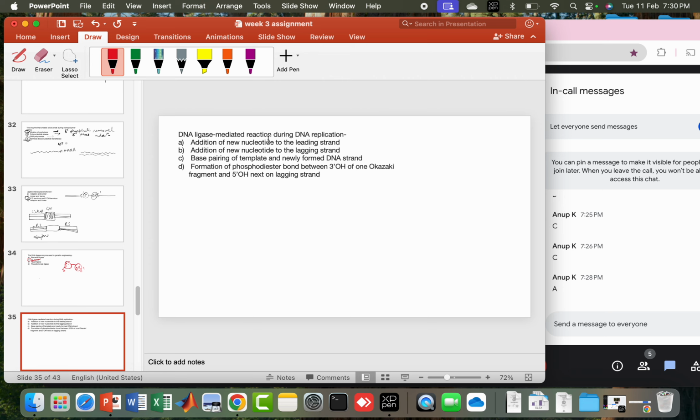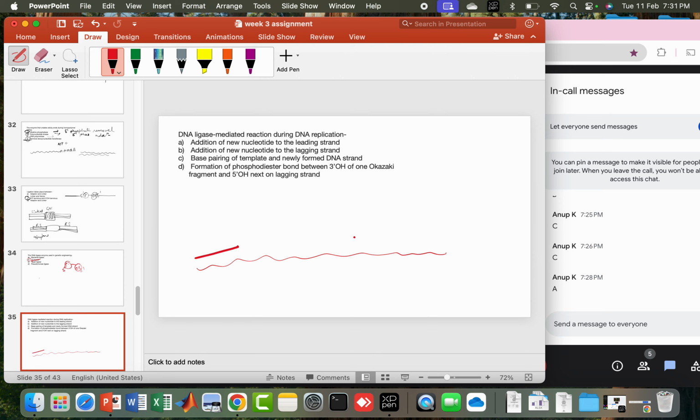Now the DNA ligase mediated reaction during DNA replication. During replication, we have a template strand, and onto this template we have a primer.